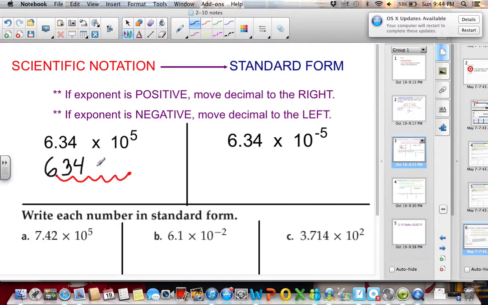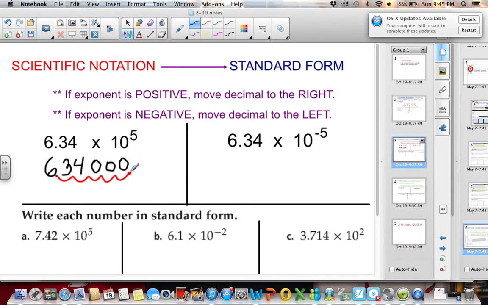And then I fill in these little humps that I made with the zeros. Then I go back and recheck. If my decimal is here, then I know it goes 1, 2, 3, 4, 5, because the easiest mistake is to add too many zeros or not enough.